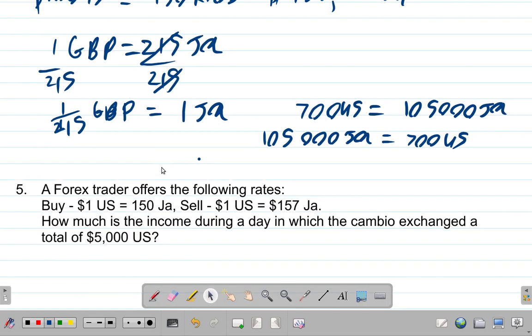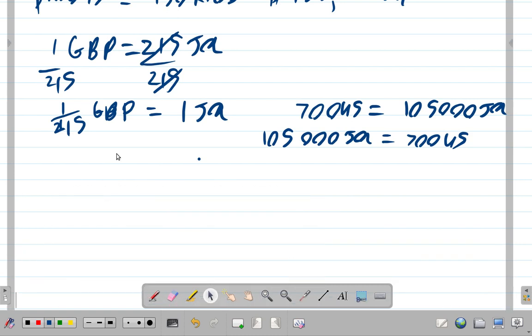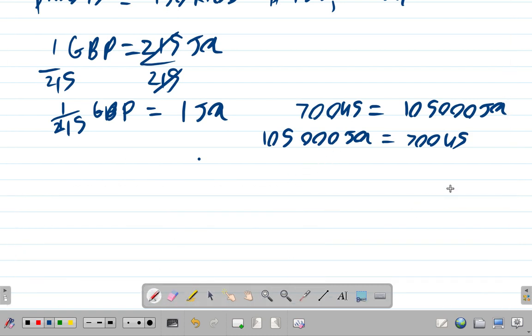Let's bring this down some more. So 105,000 Jamaican dollars is equivalent to 700 US dollars. Now, here, 1 Jamaican is equivalent to 1 divided by 215 GBP. So you see that.